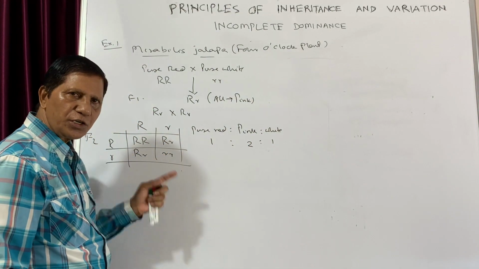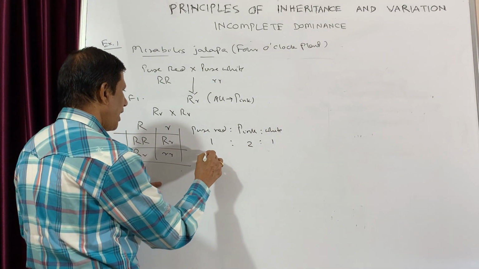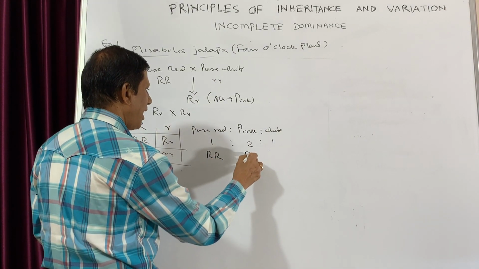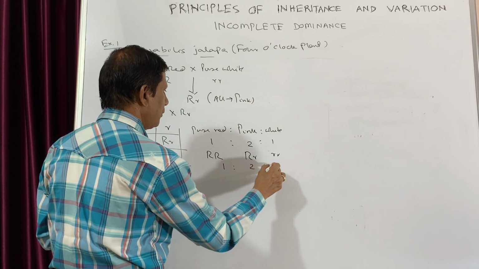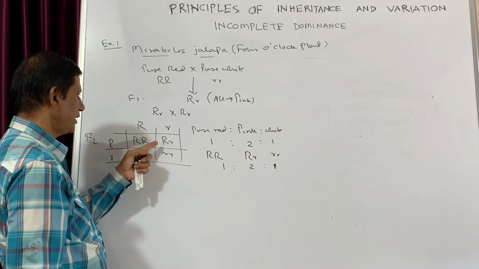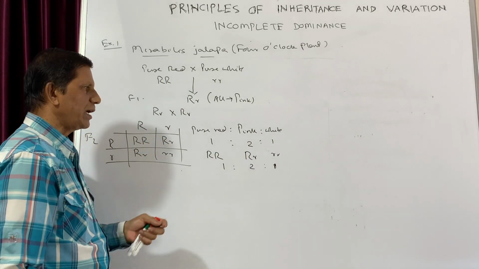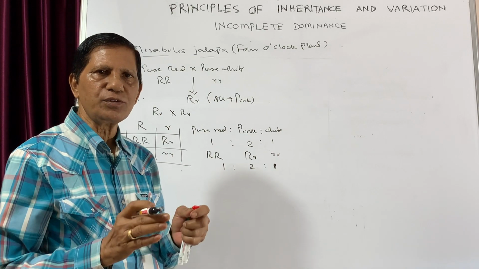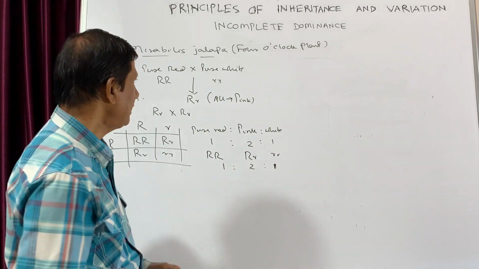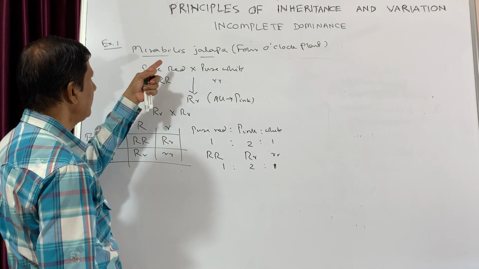If we consider the genotypic ratio, then RR, Rr, rr are also in the ratio of 1:2:1. That means both the phenotypic ratio and genotypic ratio are the same, 1:2:1. This is the case with Mirabilis jalapa.